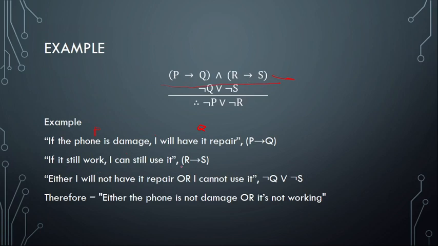That is R, then S. Either I will not have it repaired, since we negate having it repaired, or, the connective, I cannot use it. Therefore, the conclusion: either the phone is not damaged or it is not working.